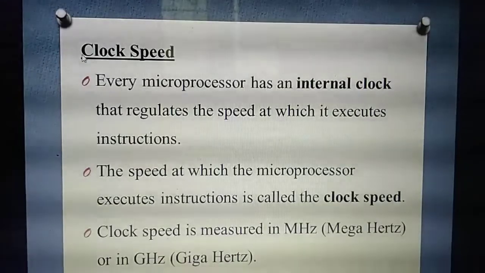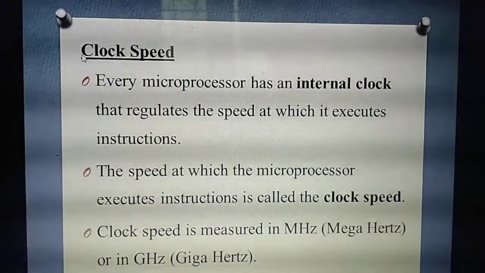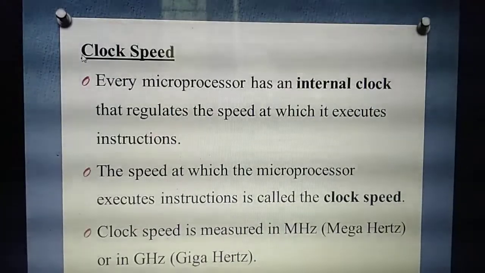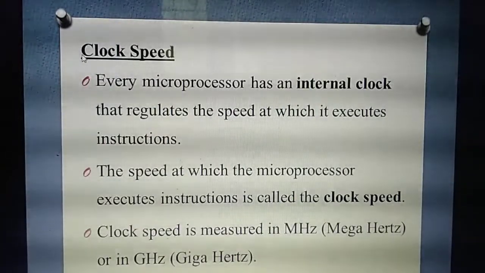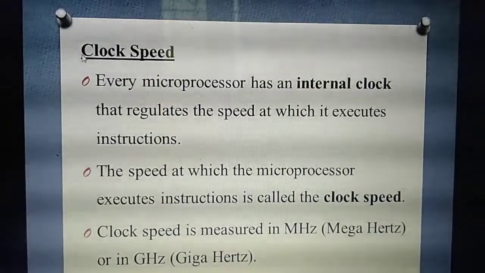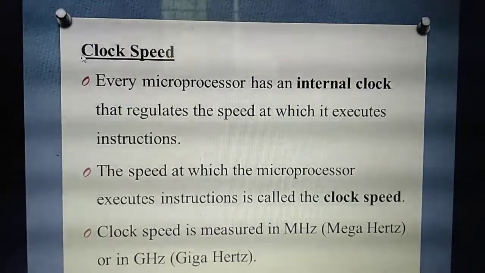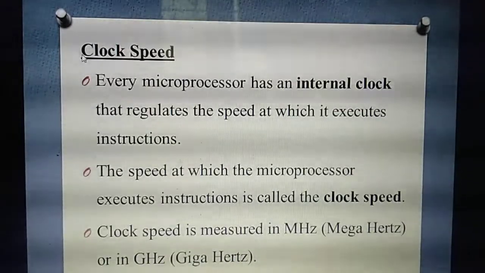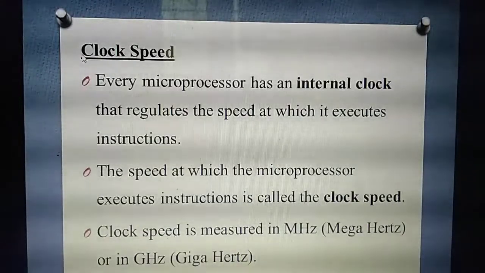So this clock will regulate the speed of instruction, at what speed the particular instruction needs to execute. What's the use of this internal clock? This internal clock regulates the speed. For example, I am giving 5 instructions. At what speed they need to execute and at what speed they need to give the output, that is all controlled by whom? Internal clock. That's the use of internal clock.